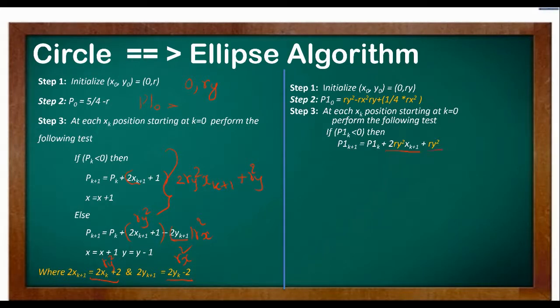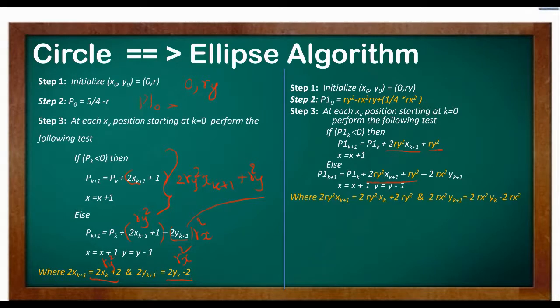So we have just added the ry square here, and x is equal to x plus 1. Else p1k plus 1 is equal to the same term rewritten as it is, and here yk plus 1 is replaced by rx square yk plus 1. x is equal to x plus 1, y is equal to y minus 1. Where 2 ry square xk plus 1 is 2 ry square xk plus 2 ry square, and 2 rx square yk plus 1 is equal to 2 rx square yk minus 2 rx square. These statements are the same.